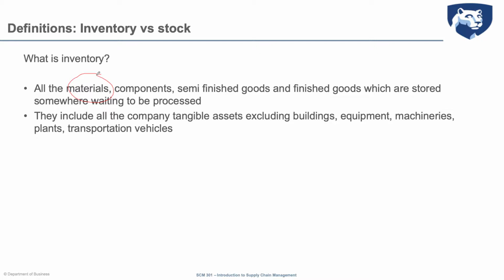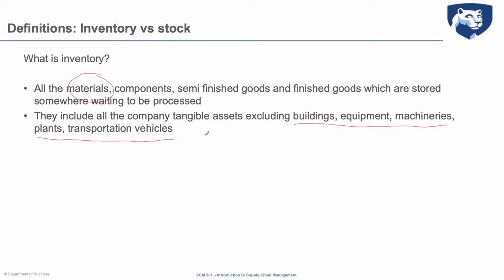Of course, it includes tangible assets, which can be products, materials, goods, but inventory does not include everything that is depreciated through the balance sheet. If you remember accounting, inventory does not include the assets that are subjected to amortization, because these are treated in a different way from a cost perspective.